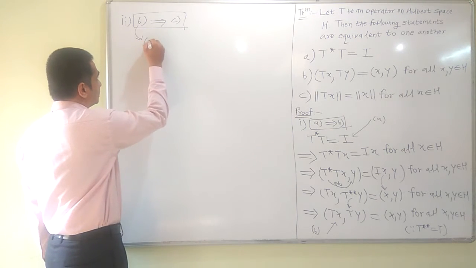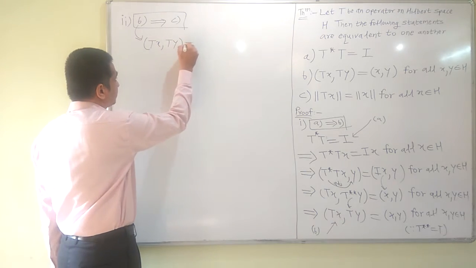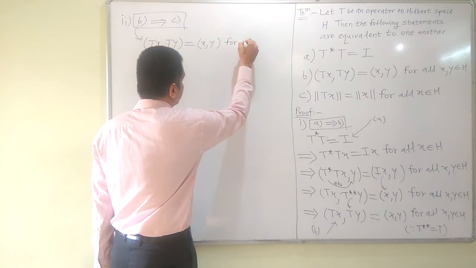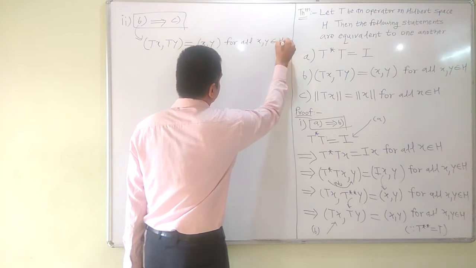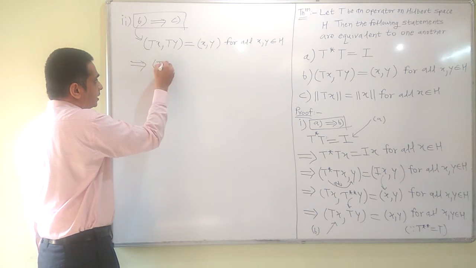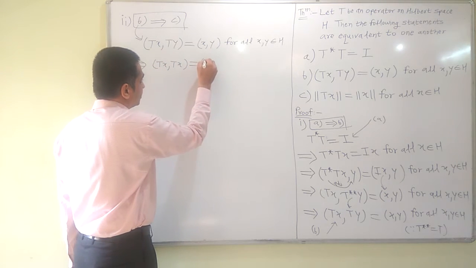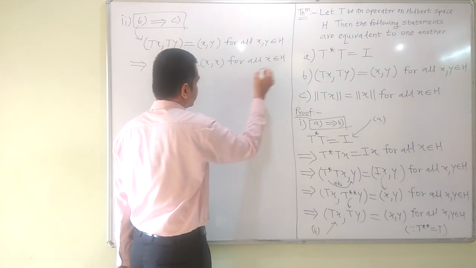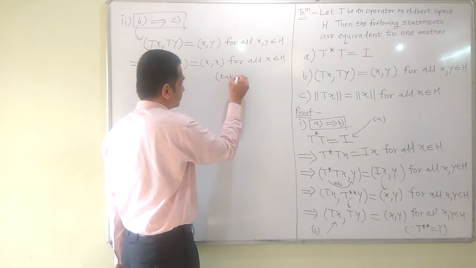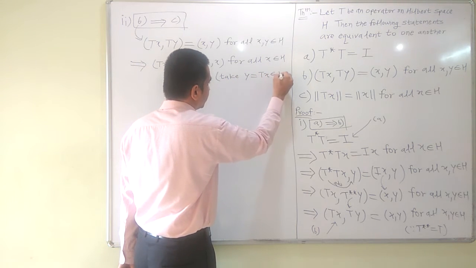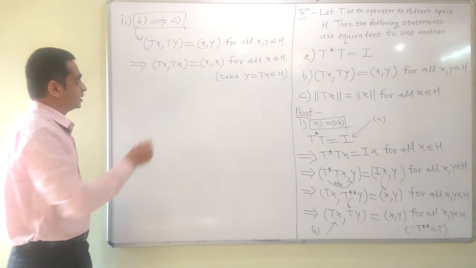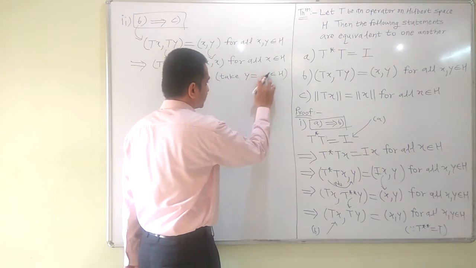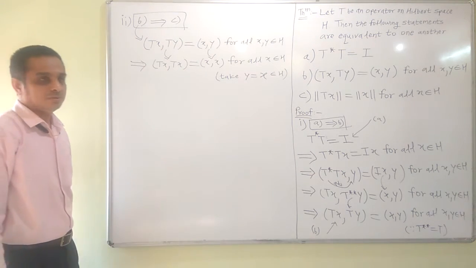The hypothesis is that inner product of Tx and Ty is equal to inner product of x and y for all x, y belongs to H. This implies inner product of Tx and Tx is equal to inner product of x and x for all x belongs to H. Here we have taken y is equal to x, which belongs to H.